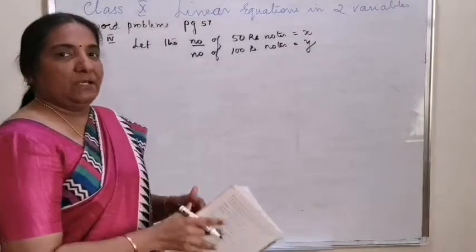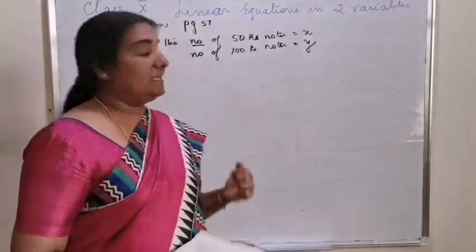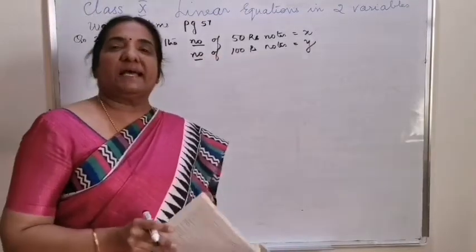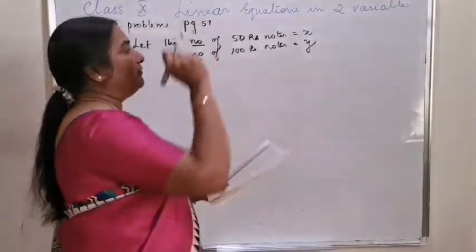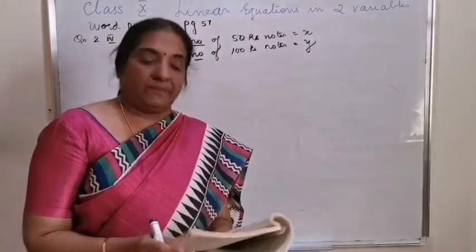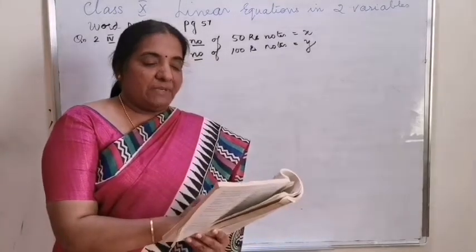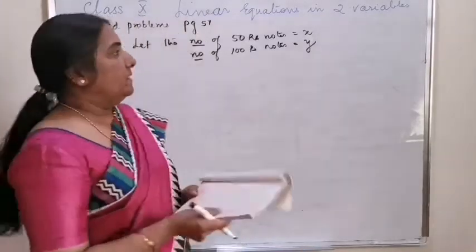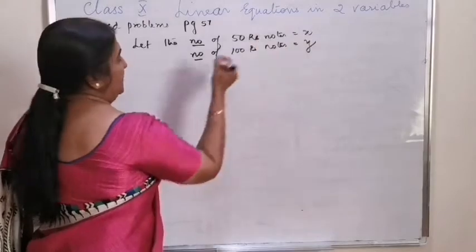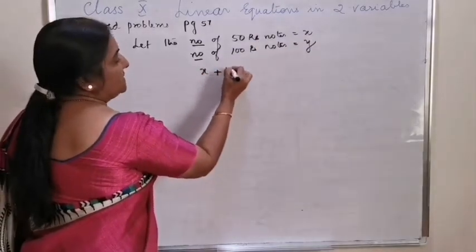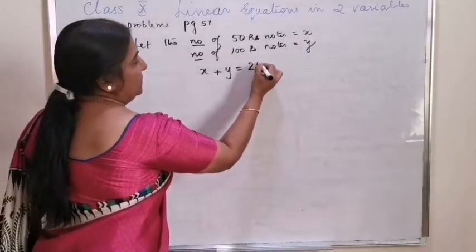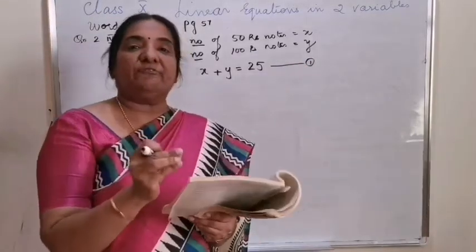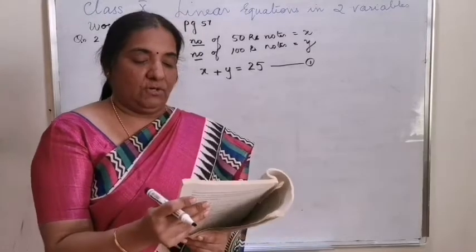That means without taking the value, let the number of 50 rupee notes be x and the number of 100 rupee notes be y. There is a sentence, Meena got 25 notes in all. What will be the first equation? The first equation is x plus y is equal to 25. That is, Meena got 25 notes in all.